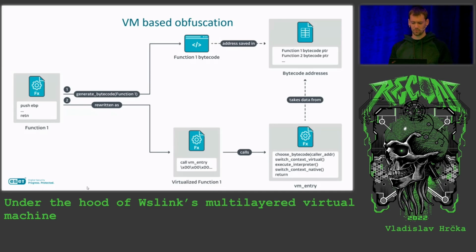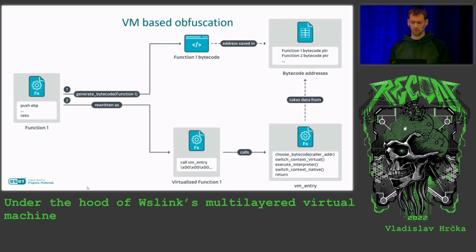So we need to choose the respective bytecode for the function, for example, based on the caller's address, and then switch from the native context to the virtual one, because standard registers like RAX need to be mapped to, for example, their virtual variants.